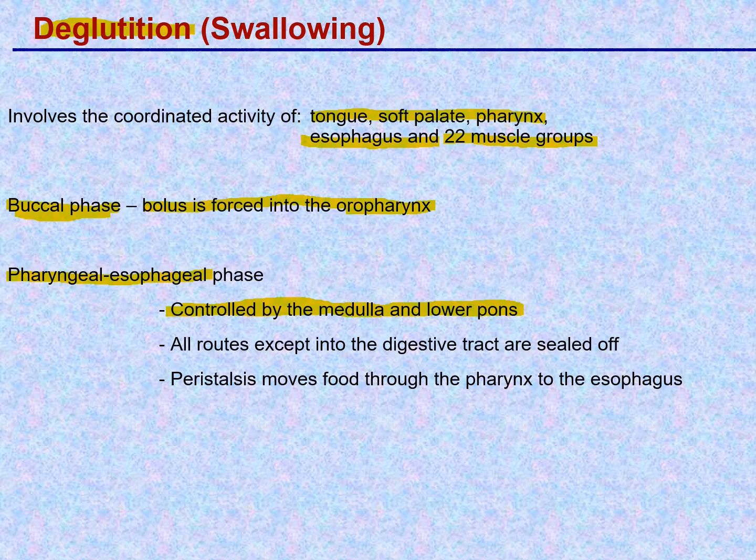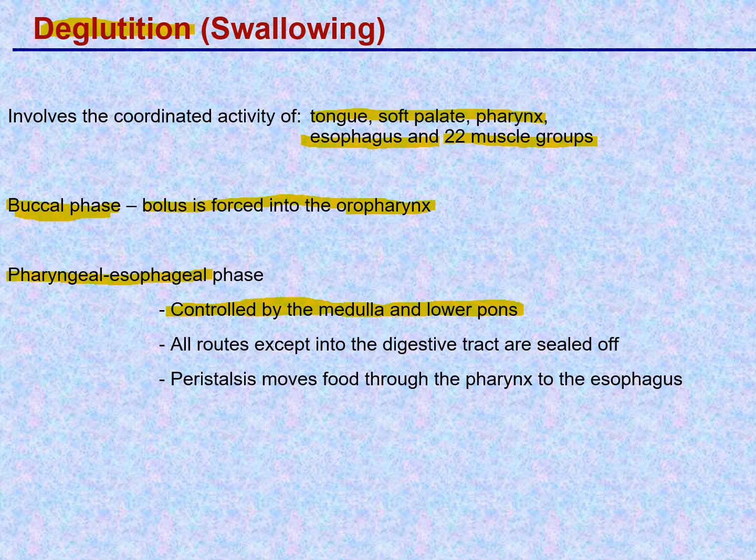What happens in this pharyngeal esophageal phase is that any route other than down through into the esophagus is sealed off. So you cannot swallow down into your trachea because the trachea gets sealed off, and you cannot get food going up into your nasopharynx because that gets also closed off.